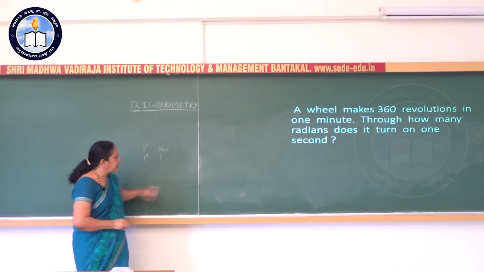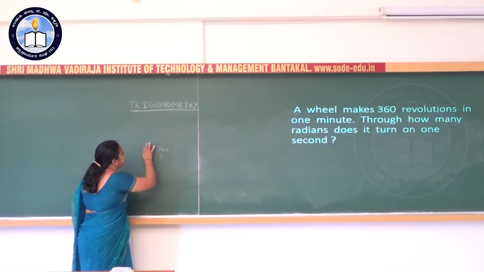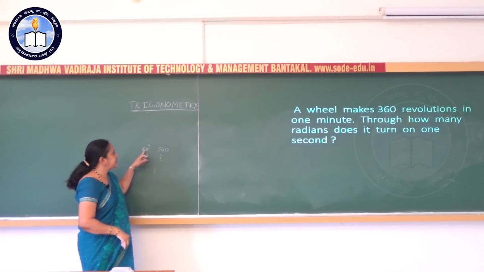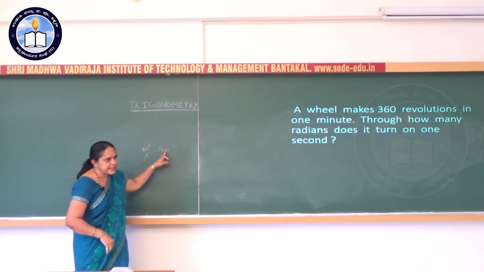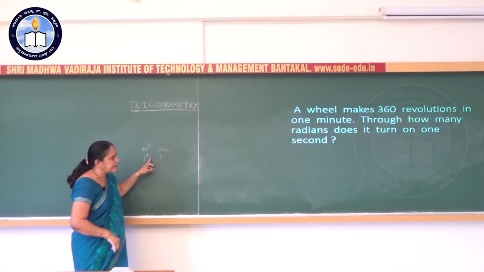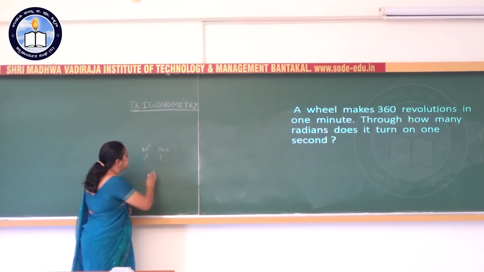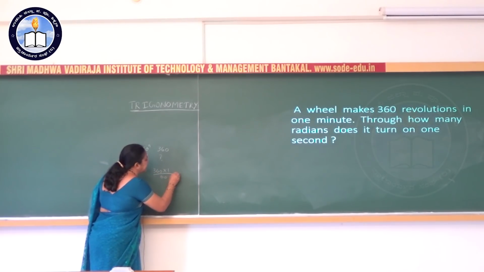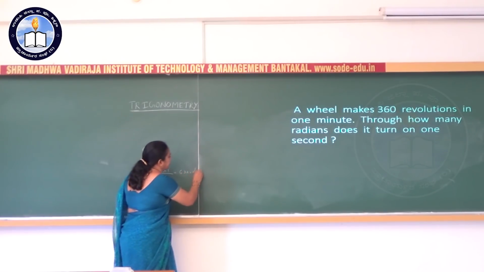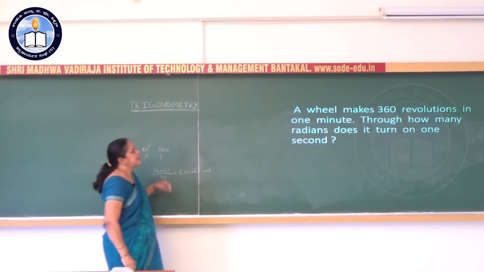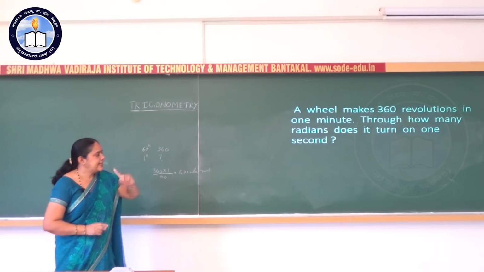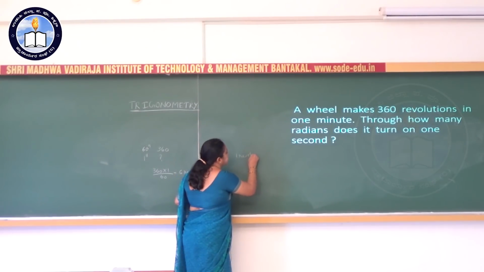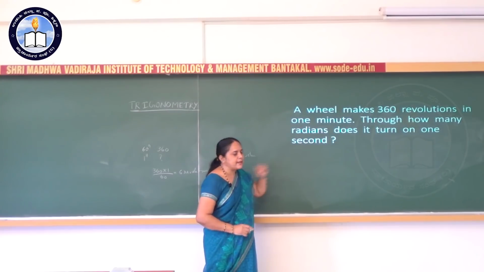How many revolutions? 1 minute is the same as 60 seconds. In 60 seconds, the wheel makes 360 revolutions. In 1 second, how many revolutions? It is 360 into 1 divided by 60, that is equal to 6 revolutions. In 1 second, the wheel makes 6 revolutions. In 1 revolution, what is the angle turned by the wheel?